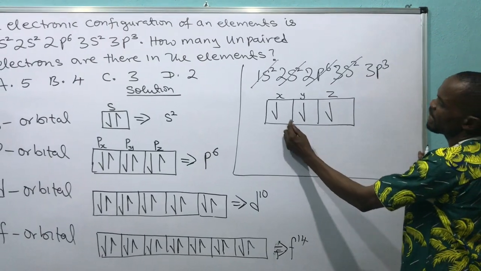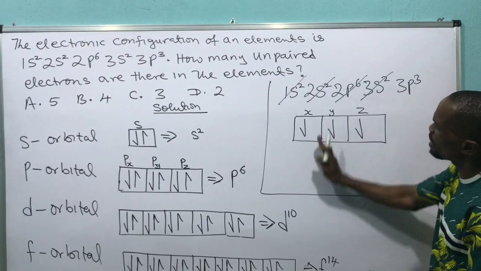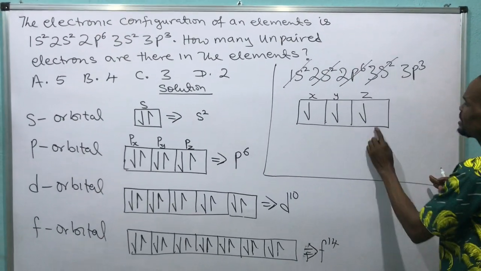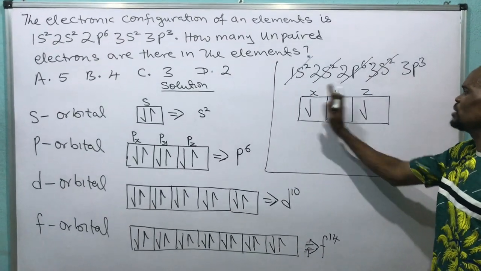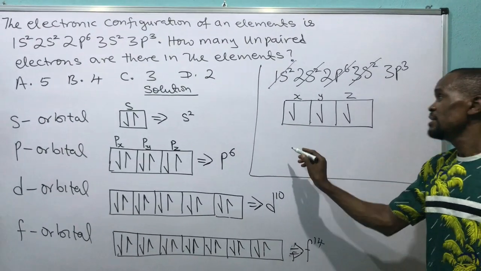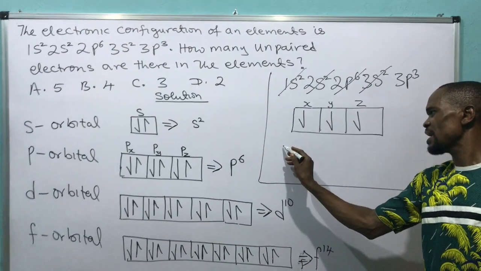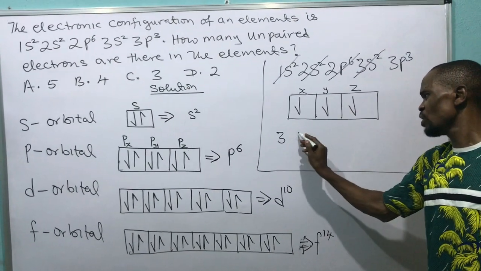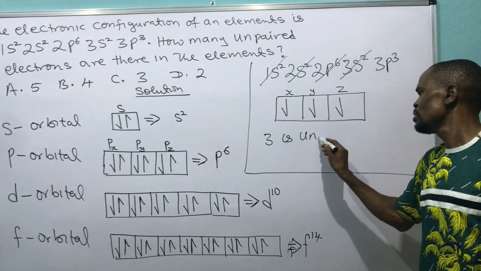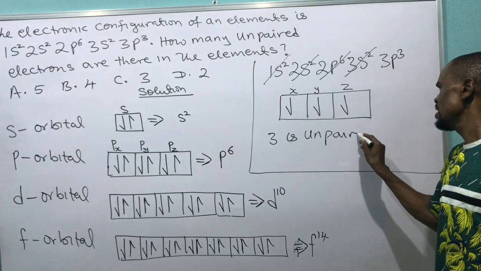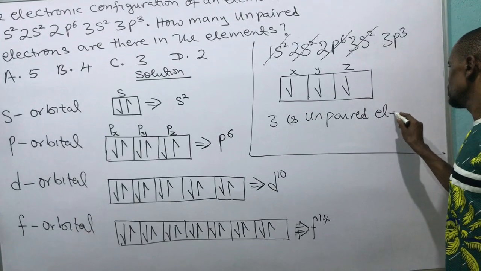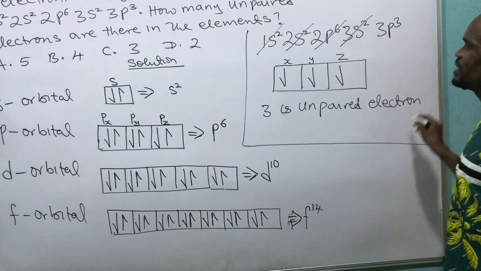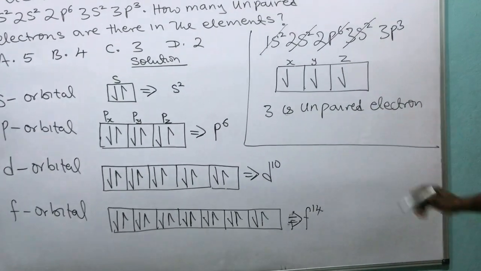It means, how many are unpaired here? I'm supposed to have 1 coming out here, 1 coming out here, and 1, 2, 3. That's 3. Three orbitals are unpaired.